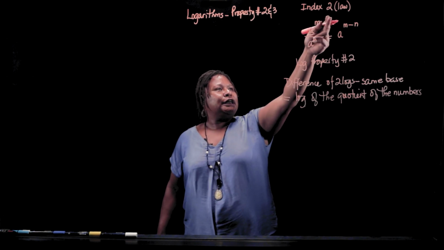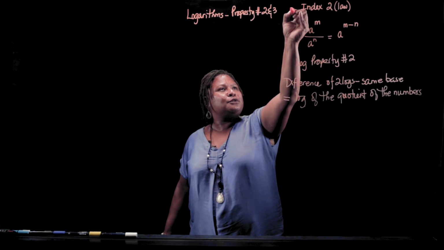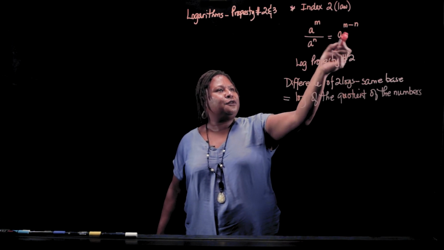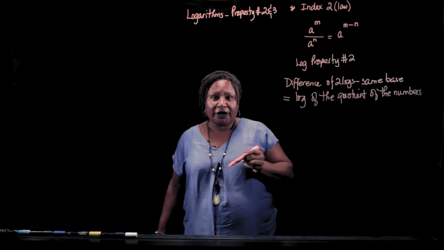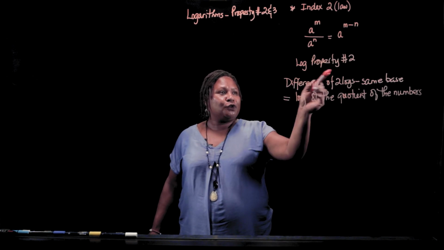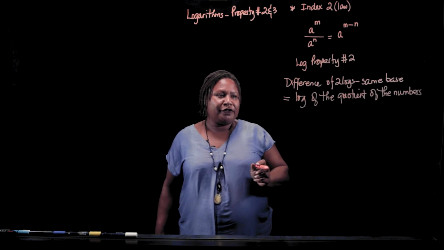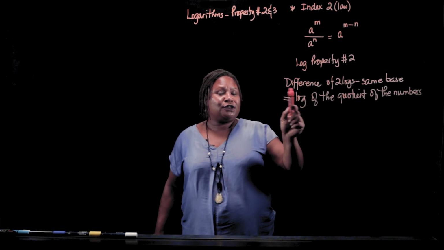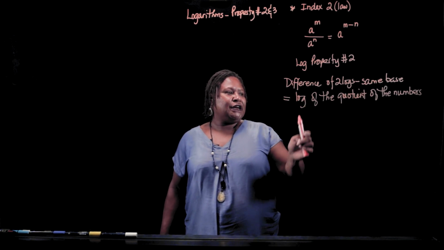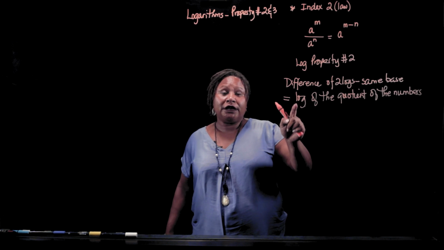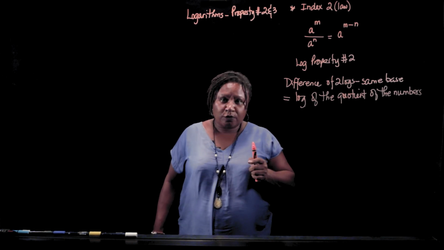So, index law number 2 states that if you divide indices with the same base, you subtract the powers. If you look at property number 2 of logarithms, it says when two logs are subtracted and they have the same base, then this is equal to the log of the quotient.